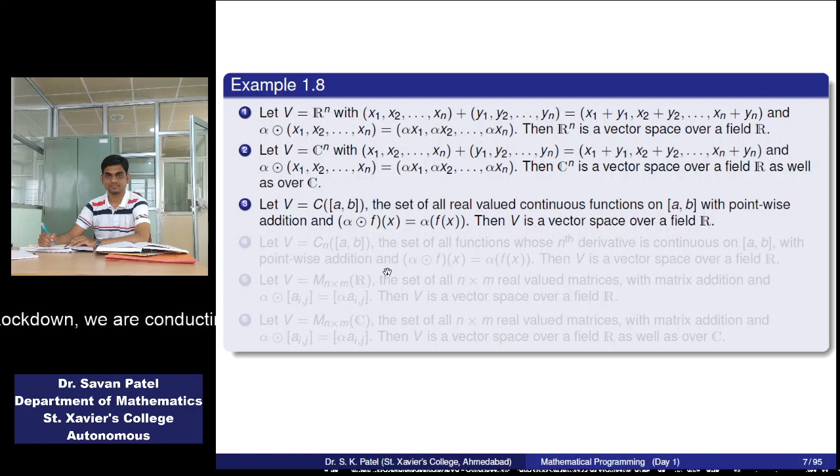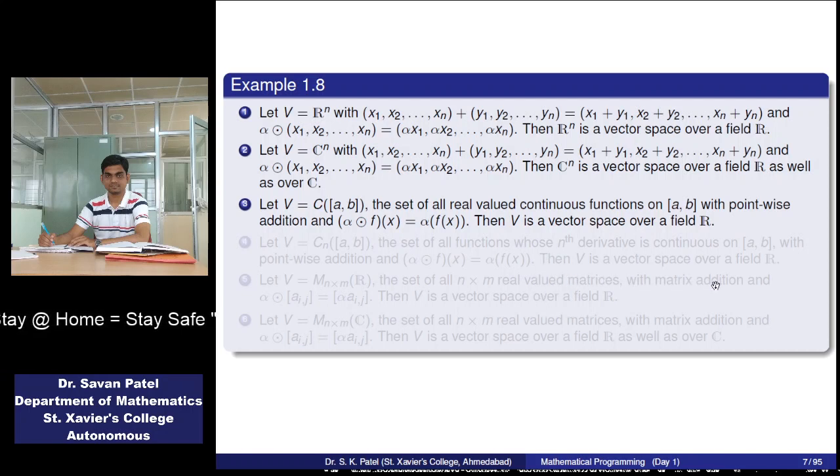Set of all continuous functions on interval AB, real valued continuous functions on interval AB, I already told that I will denote it as C AB, with pointwise addition and multiplication defined in this way. Alpha multiplied with f evaluated at x is alpha times f at x.